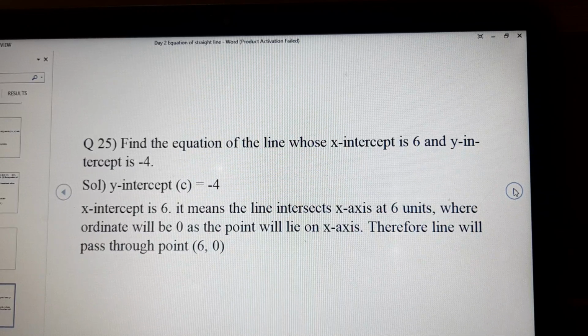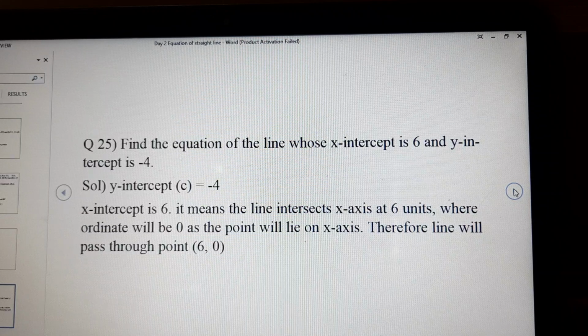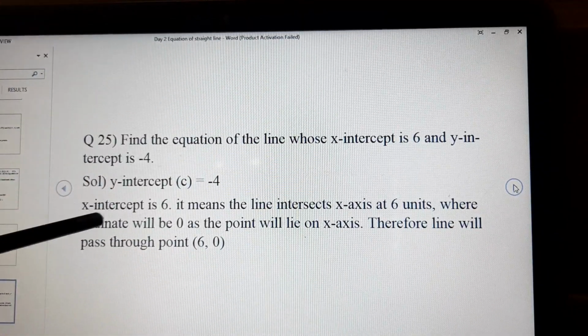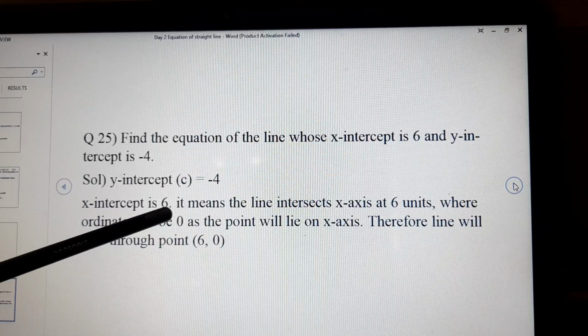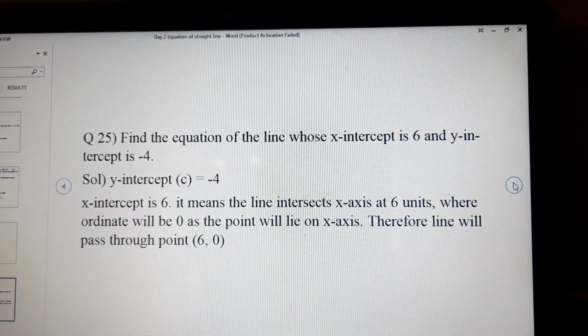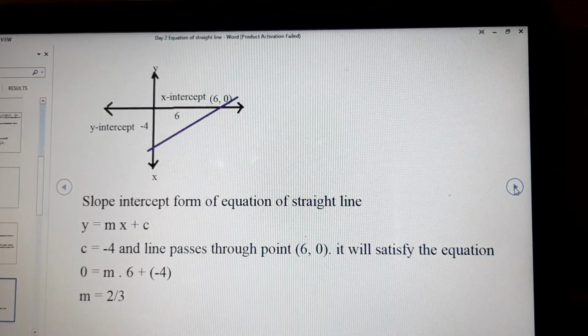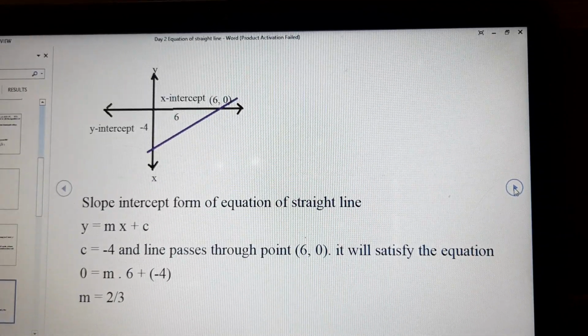And if it intersects the x-axis, at that particular point its ordinate will be 0. This line segment whose x-intercept is 6 will pass through the point (6, 0). Are you getting it? Clear? I have drawn the diagram also.